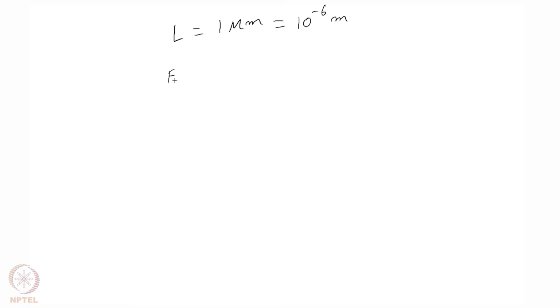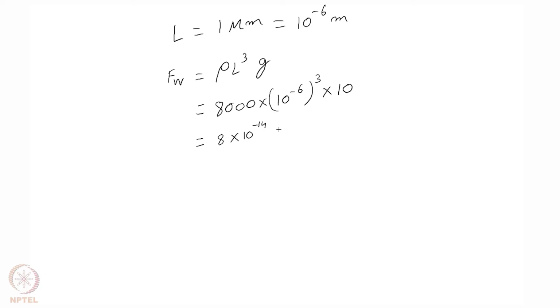So, W is equal to rho L cube into g, which is equal to 8,000 kg per meter cube into 1 micrometer cube, means 10 to the power minus 6 whole cube, into g, which is 10, and that gives us 8 into 10 to the power minus 14 Newton.